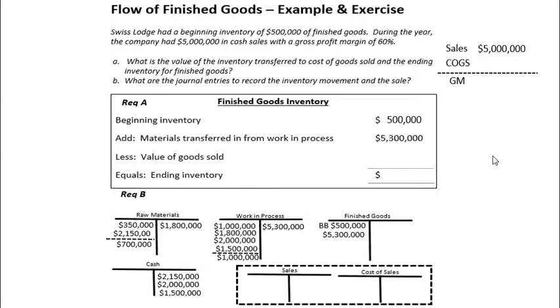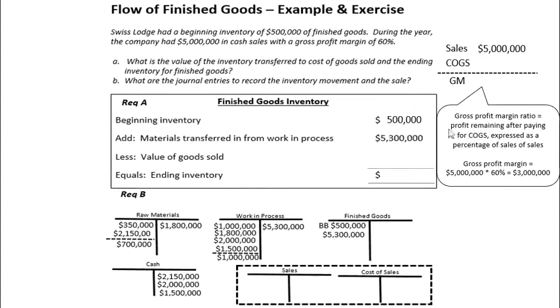Now remember, the gross profit margin ratio, the gross profit ratio, or the gross margin ratio, they all mean the same thing. That equals your profit that is remaining after you paid for the cost of goods sold. And we express that as a percentage of sales.